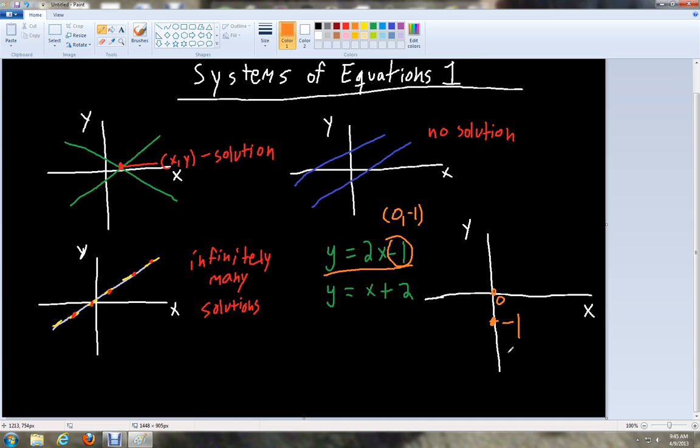Then our slope is 2, which means rise over run, so 2 over 1. I'm going to go up 2 and right 1, starting from the y-intercept.